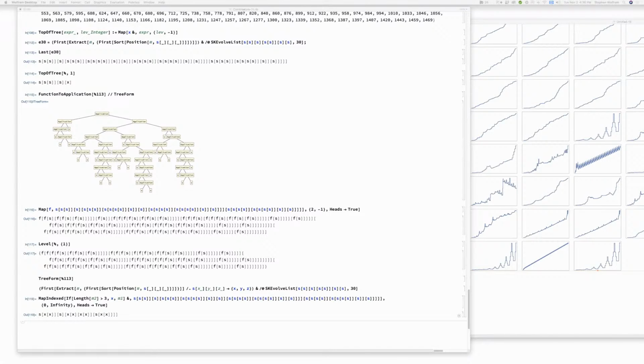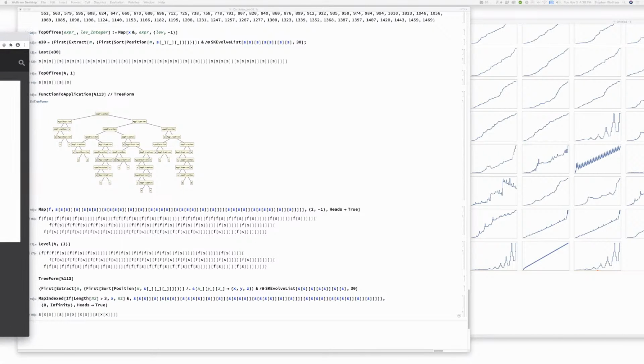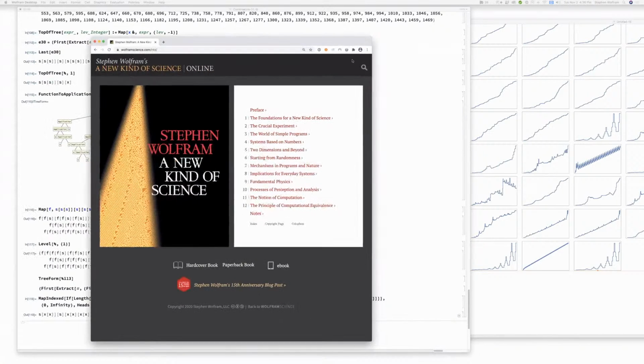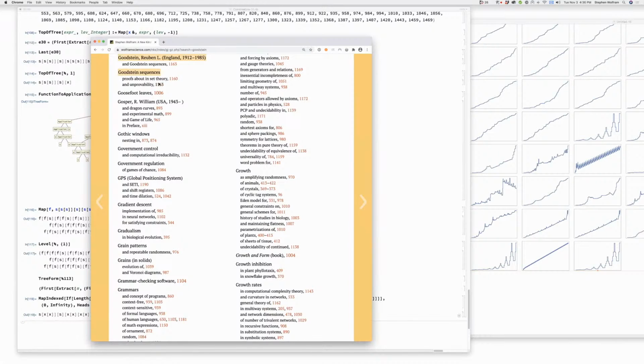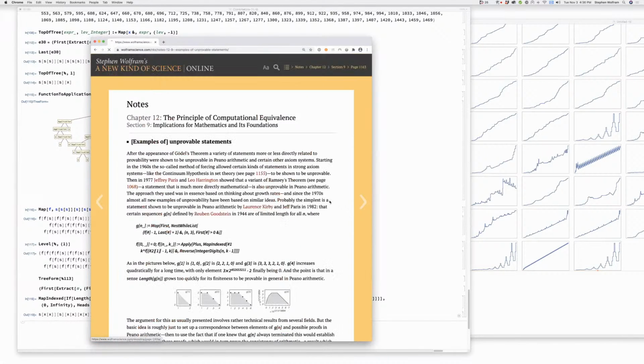Richard is correctly distracting me by talking about Goodstein functions and Goodstein sequences, and I'm just for purposes of reminding about things. I know, let's see, Goodstein sequences and unprovability.